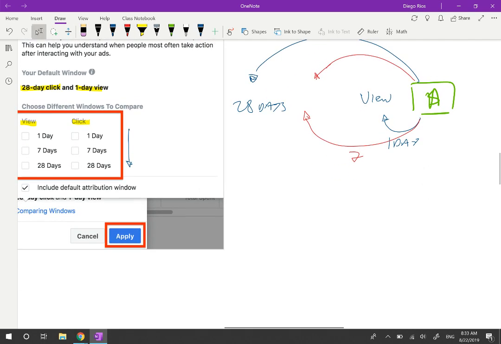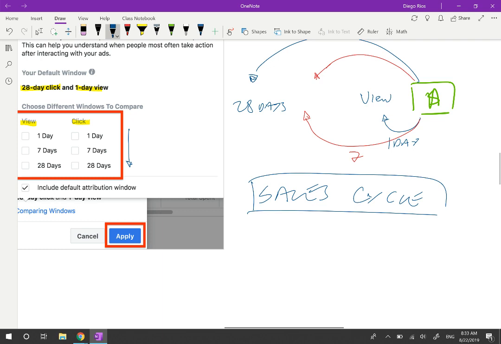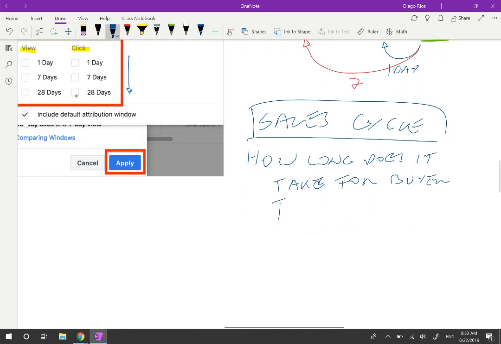And I would say this has more to do with your sales cycle. How long does it take you to sell a product on average? And more than you, how long does it take for a buyer to make a purchase?